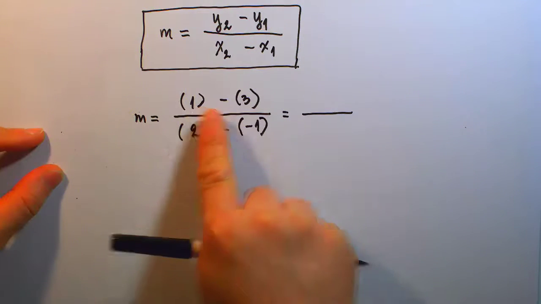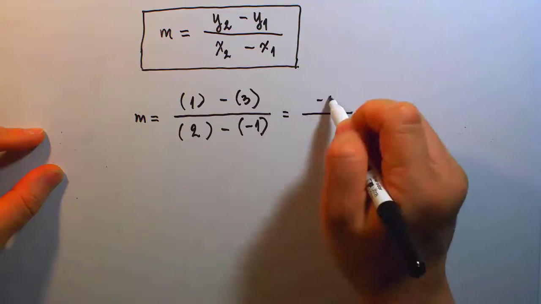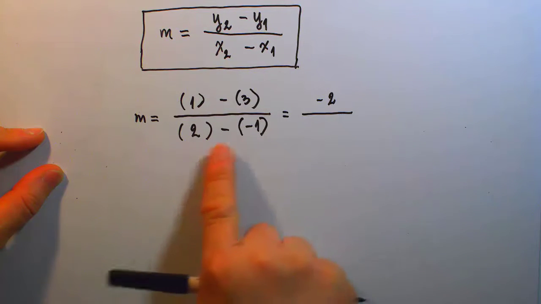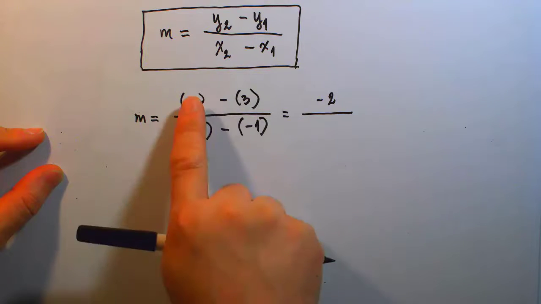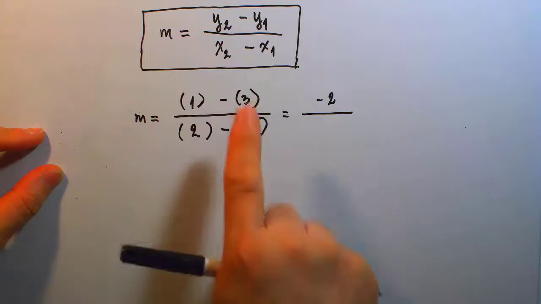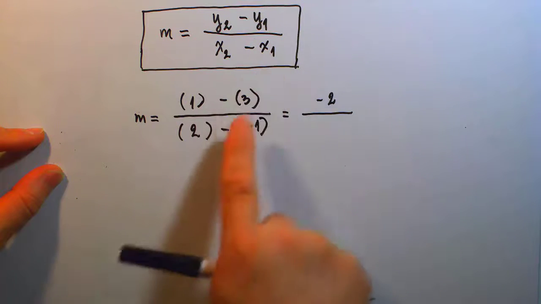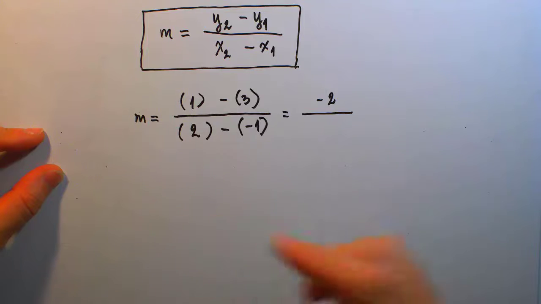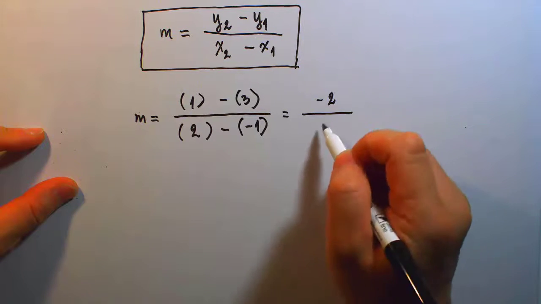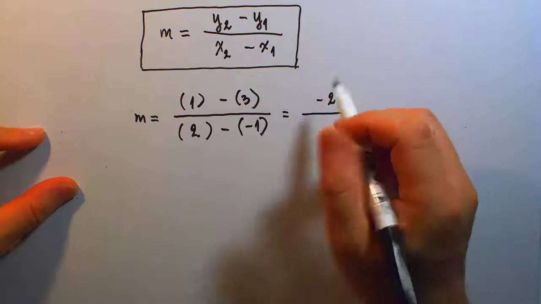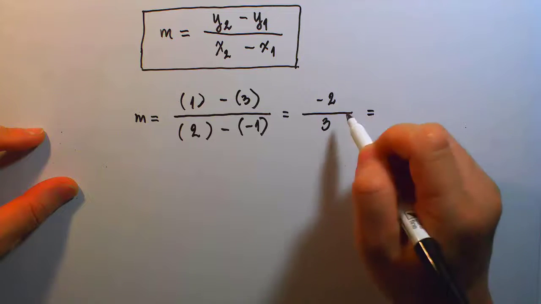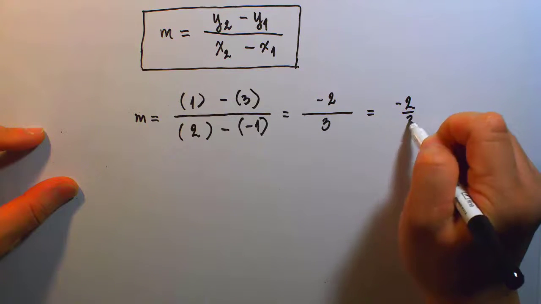So 1 minus 3 is -2. 2 minus -1, and you can see that I use parentheses very carefully anytime I'm substituting a value. Here I'm substituting the coordinate value 1 into y2, and the coordinate value 3 into y1. So I use parentheses for every substitution I'm making. And so the difference in the denominator becomes 3. So the slope of this line is negative 2 over 3.